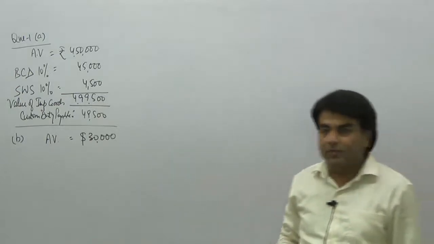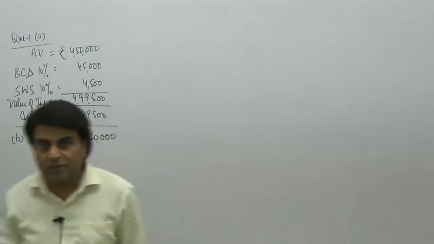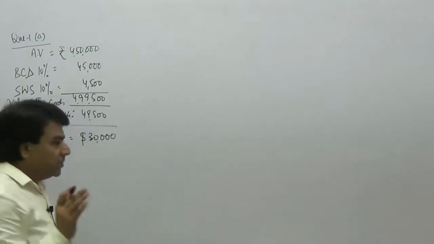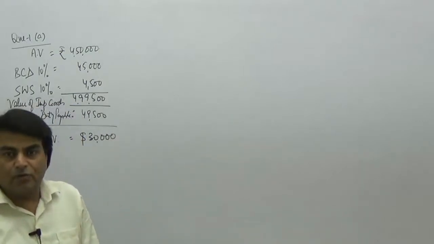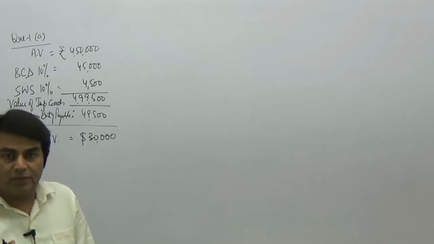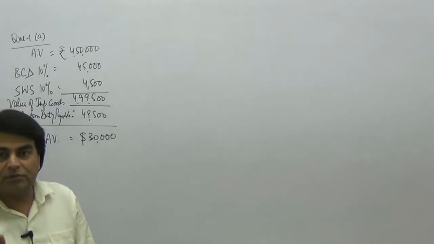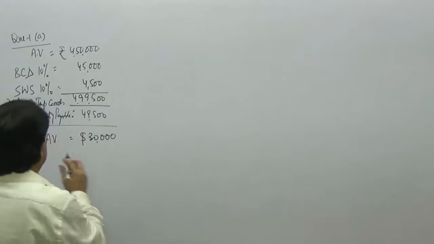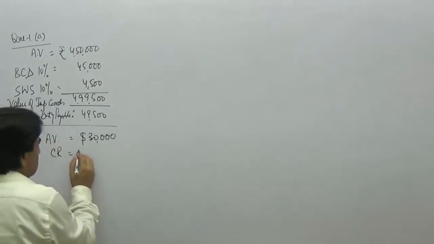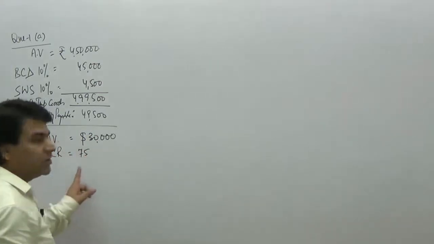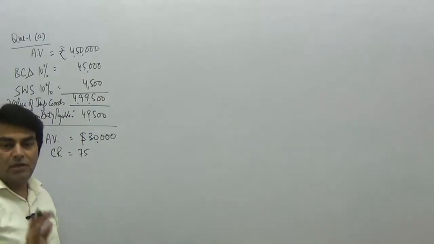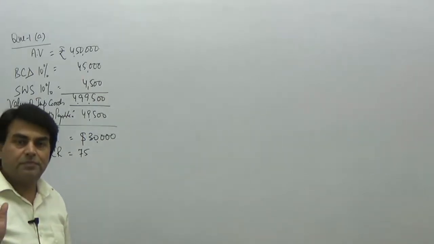Okay, no problem. Now work out BCD on it. Please see, before working out BCD, we need to convert the assessable value, which is given in foreign currency terms, into rupee terms. For that you need to apply the conversion rate. So what is the conversion rate? The conversion rate is 75. Now how to interpret this? It means $1 is equal to 75 rupees.